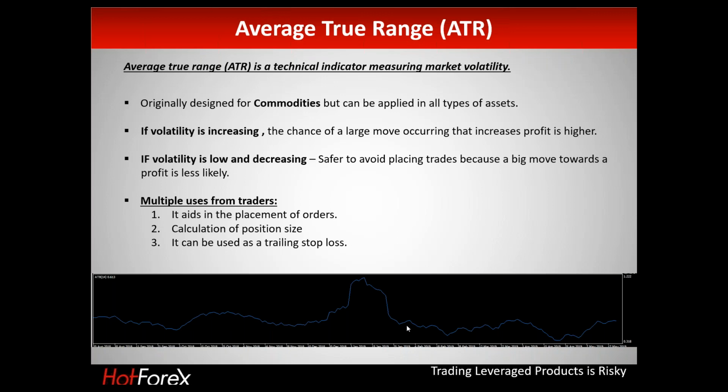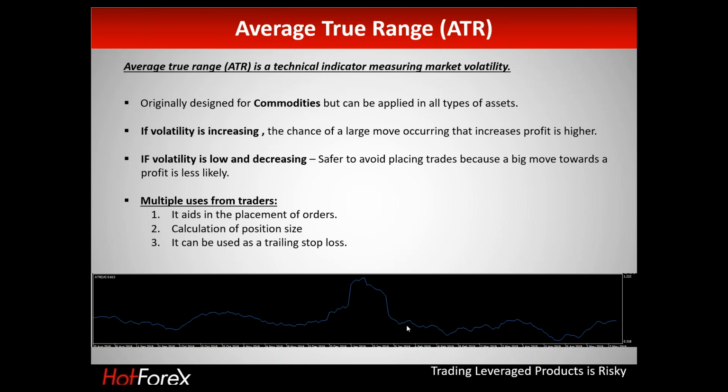On the flip side, if our asset is moving lower, but we are still seeing volatility increasing, then once again that means the market participants are prepared to continue selling down an asset through the course of the day.